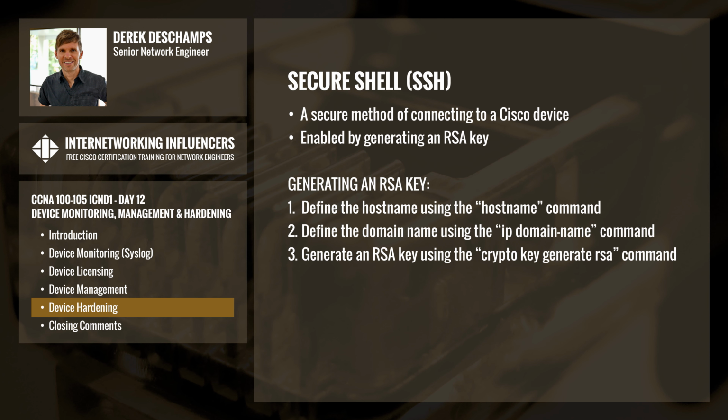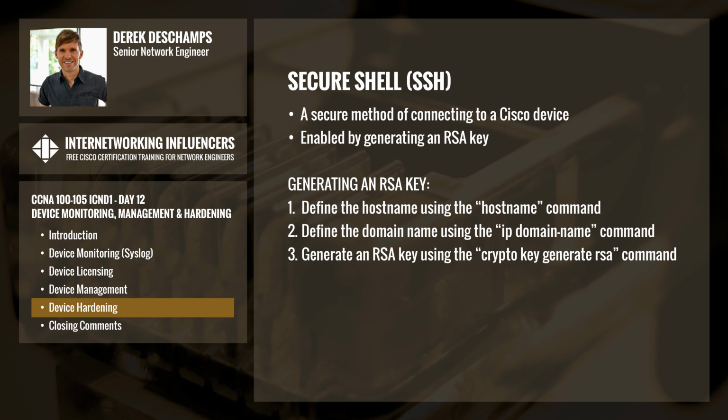Secure Shell, or SSH, is a secure method of connecting to a Cisco device. SSH is enabled by generating an RSA key. There are 3 steps to generating an RSA key.